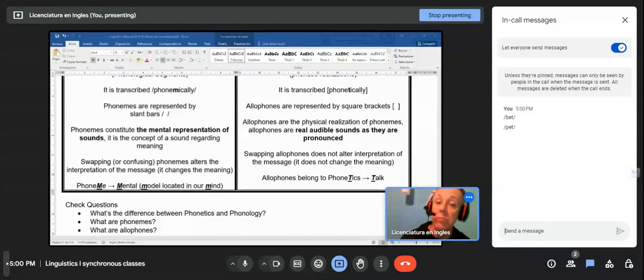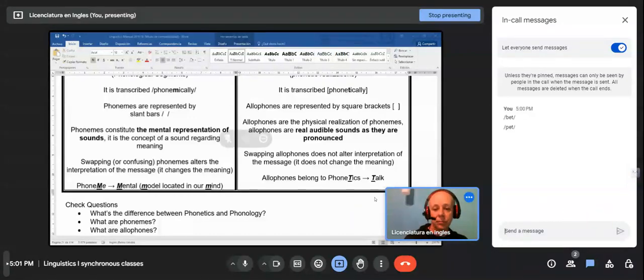Now, if I keep this example of chave, llave, llave, llave, notice that we're changing allophones. We're changing certain sound variations, but they don't change the meaning. The meaning is exactly the same. That's why it says in the theory, swapping allophones does not alter interpretation of the message. Okay? So phonemes are mental ideas and they belong to phonology, while allophones belong to phonetics because it's related to talking.